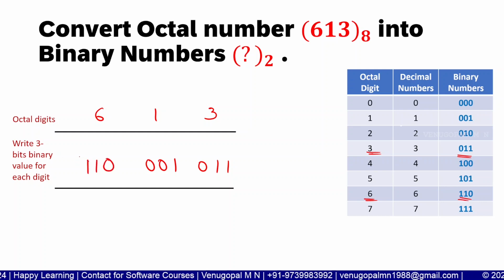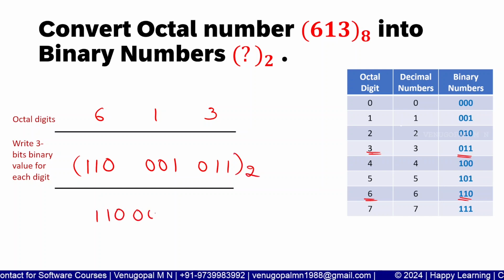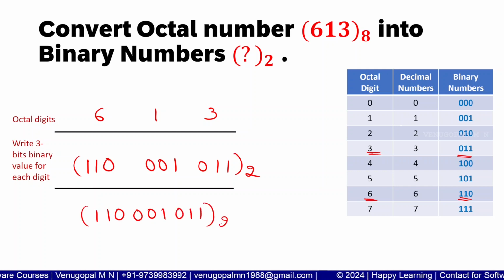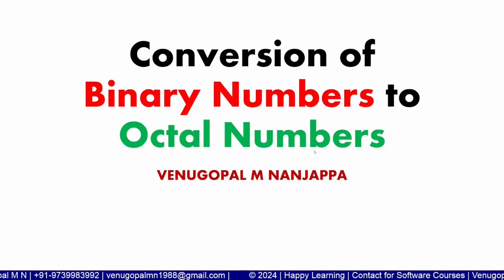So this is the equivalent binary number: 110 001 011 to the base 2. Clear, guys? Hopefully you got to know how we can convert a given octal number to a binary number.